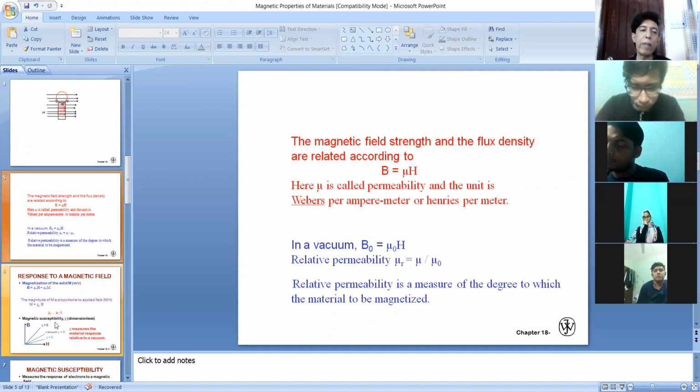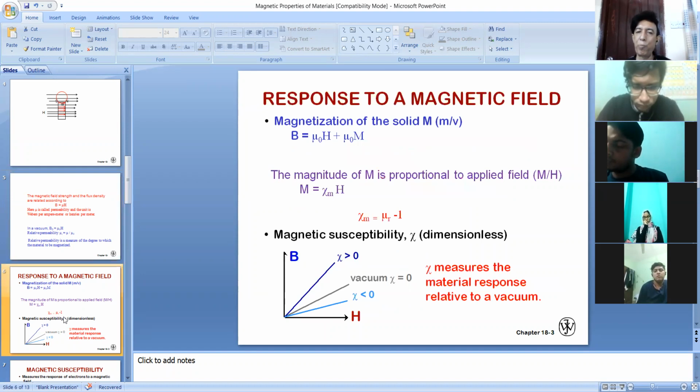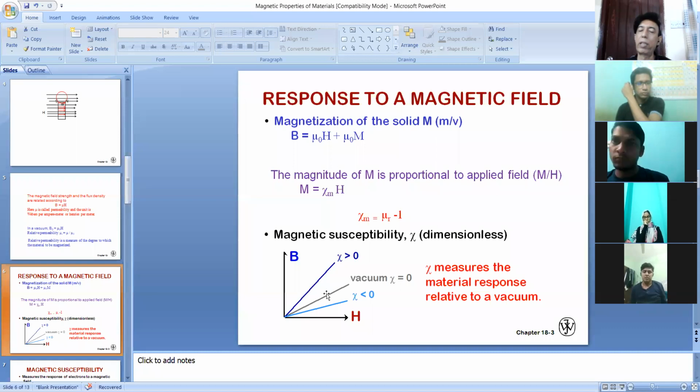Now, if the chi value is less than 0, then the material's response will be negative. And if the chi value is greater than 0, the material's response will be positive, which you call diamagnetic or paramagnetic.